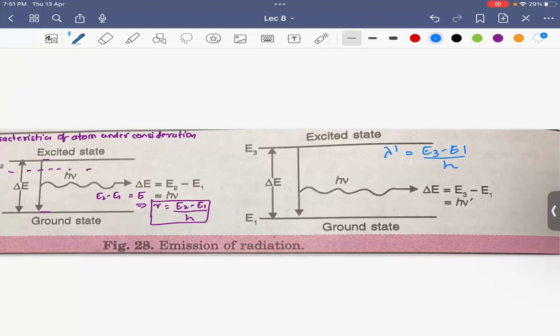Similarly, if the electron jumps from E5 to E1, then lambda double dash would be hc divided by E5 minus E1. Thus, the different spectral lines in the spectrum of an atom correspond to different transitions of electrons from higher energy levels to lower energy levels.